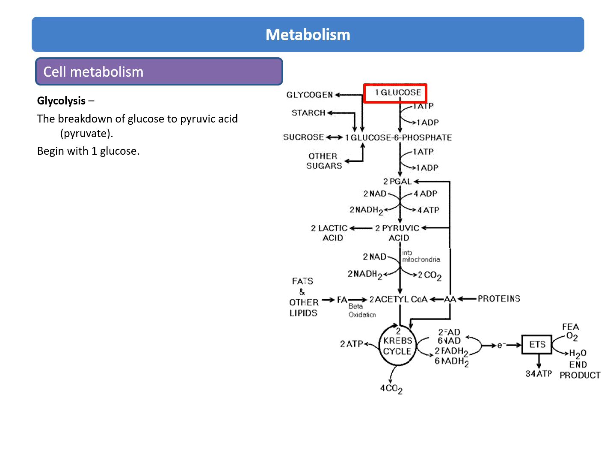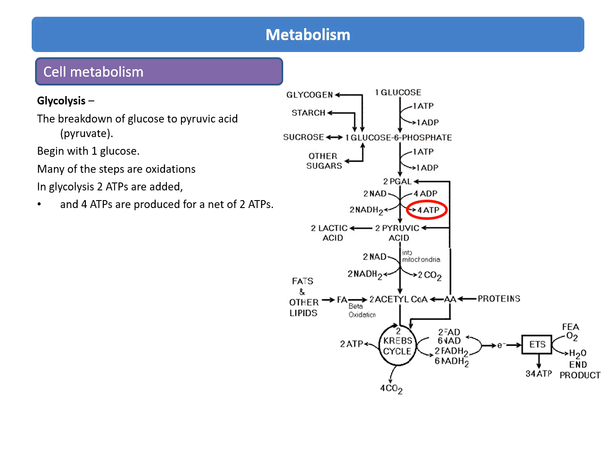Since glucose is 6 carbons, it may split into 3-carbon compounds, hence the number 2 in front of many of the other substances. Many of the steps are oxidations. In glycolysis, 2 ATPs are added and the result is 4 ATPs are produced for a net of 2 ATPs.